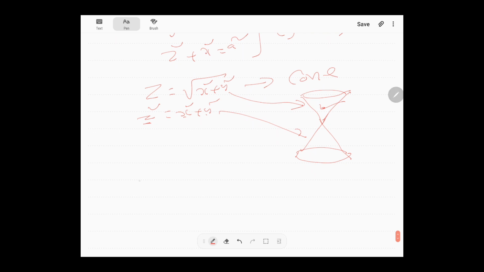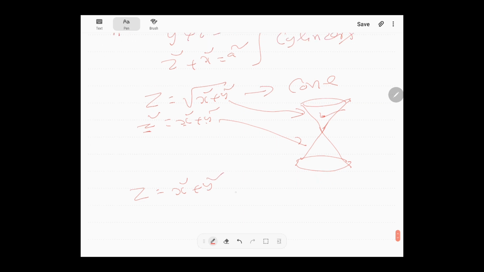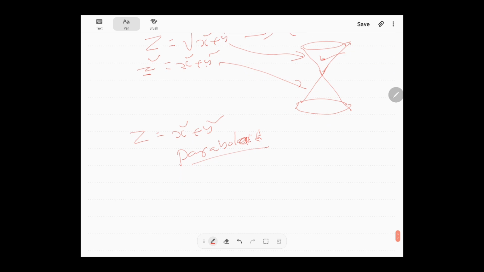And without the square root, if I use z is equal to x square plus y square, this represents a paraboloid. I think you know the shape of this.